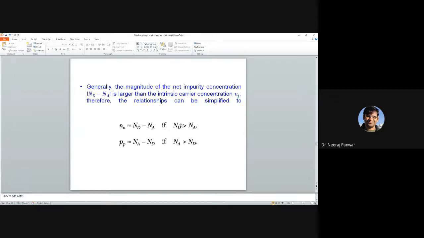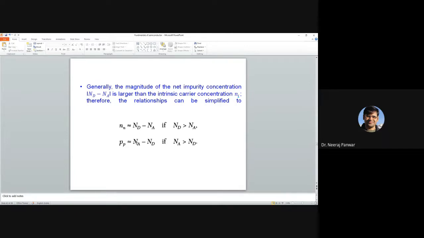However, if the acceptor concentration is greater than the donor concentration, the overall semiconductor will be p-type, and the hole concentration would be equal to their difference, Na minus Nd.